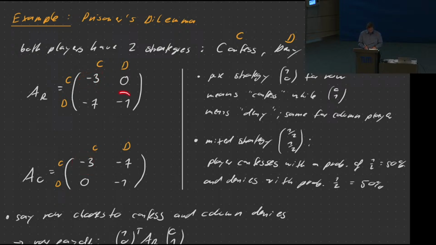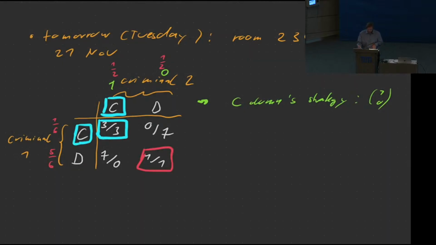If both deny, both get -1, so 1 year in prison. And if one confesses, then the one who confesses gets 0 and the other gets -7, and here's the other way around. So those are the two payoff matrices for the prisoner's dilemma, and basically that's the same thing as I wrote down here, just split into two matrices.